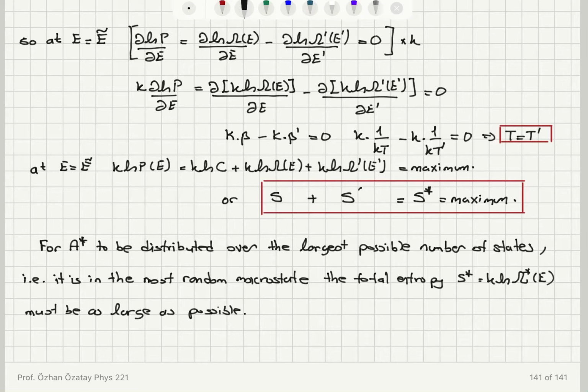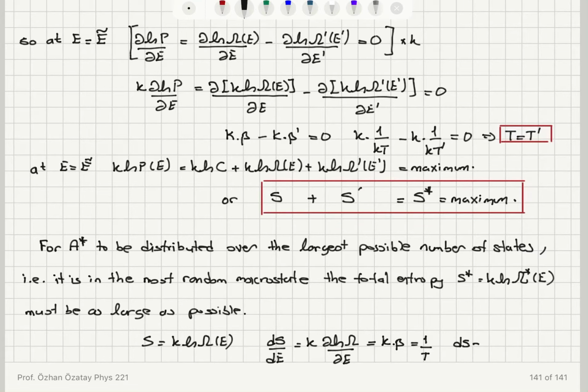Now, one more thing I would like you to notice here. The entropy, which is k ln Ω for system A, is at energy E. If you take the derivative of entropy with respect to energy, dS/dE, you get k ∂ln Ω/∂E, and this is basically the beta parameter. So it is k times β, which is 1 over the temperature.